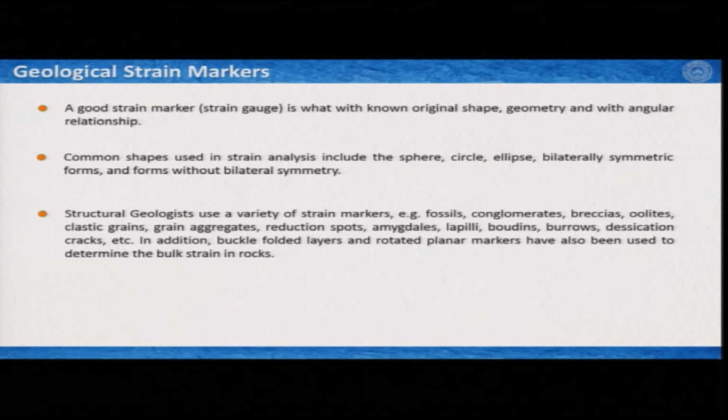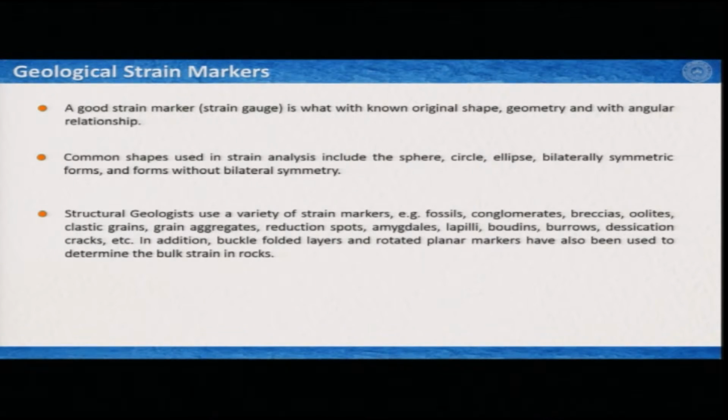The common geometries that you use for strain analysis mostly include a sphere, circle, ellipse, then some symmetric forms, mostly fossils, we will look at them soon, and some forms without symmetries but which have some other spatial geometric relationships.